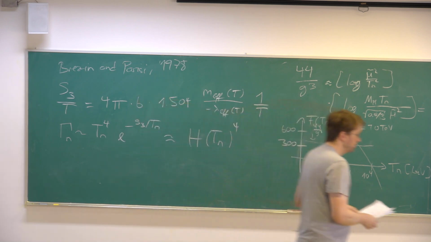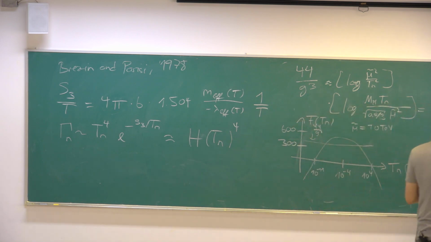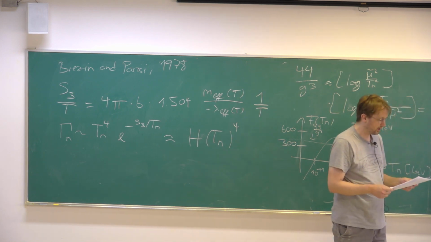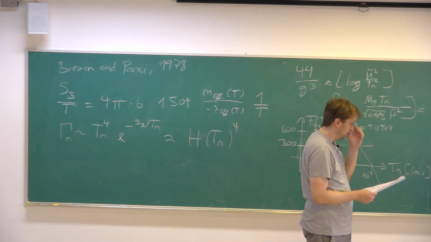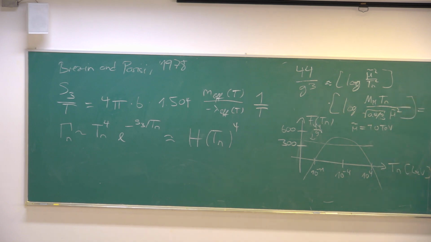Okay. And the last plot I wanted to show: now we know how to calculate the nucleation temperature. We know that we get supercooling, the smaller the gauge coupling is, the smaller the nucleation temperature becomes and the more supercooling we have.